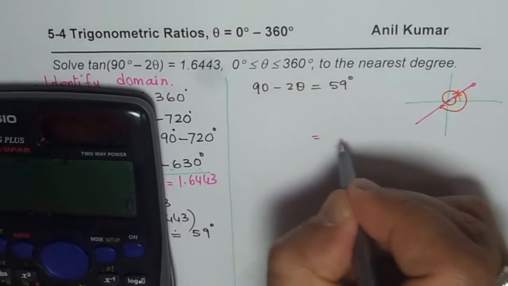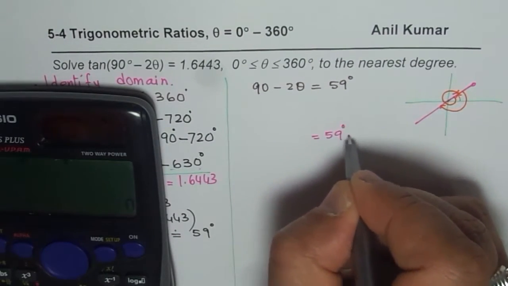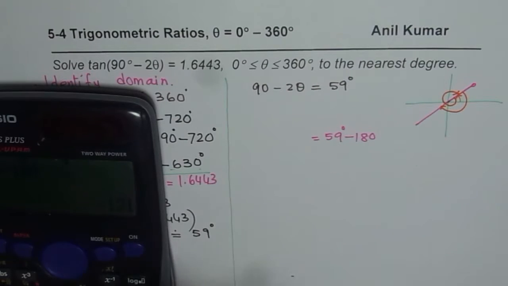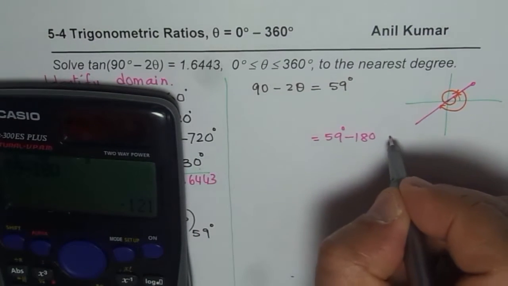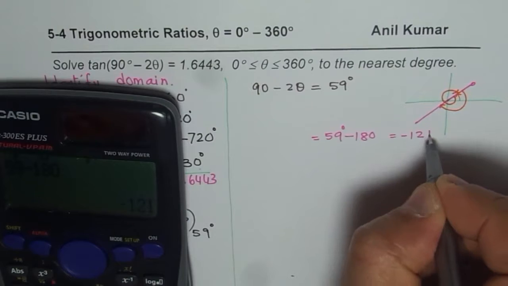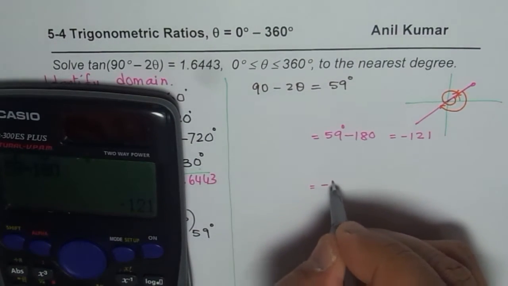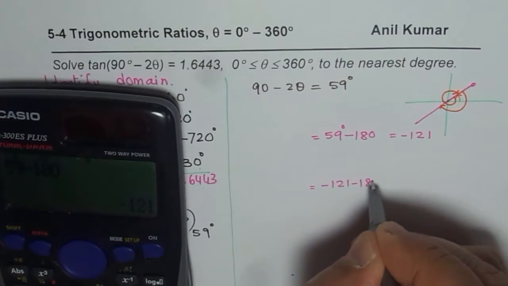Then the next answer will be 59 degrees minus 180, right? So 59 minus 180 degrees is equal to minus 121. Then let's do it again. We'll do minus 121 minus 180 degrees.